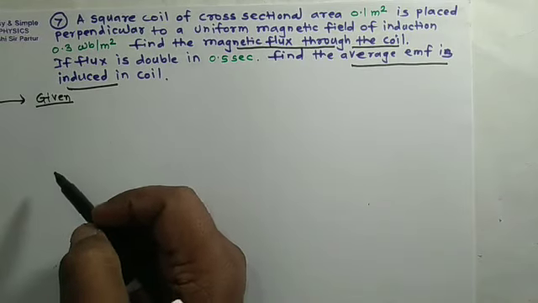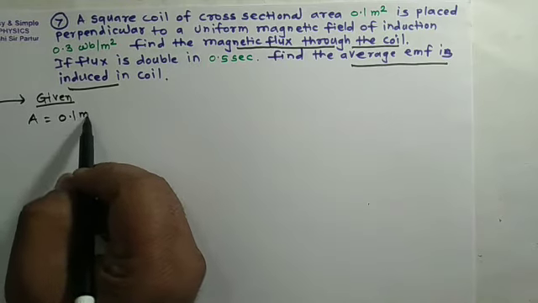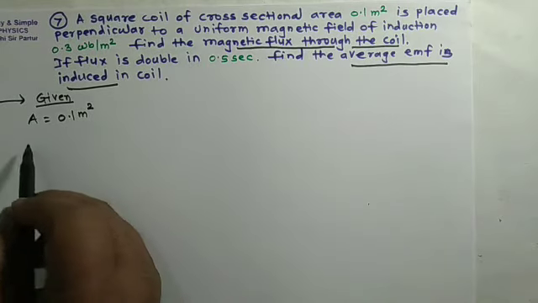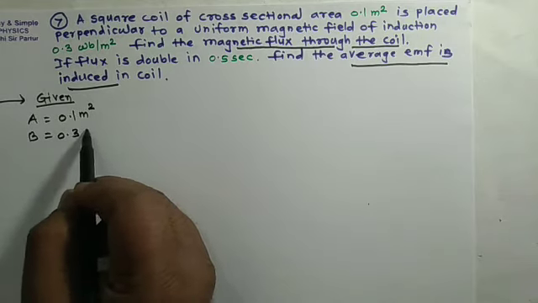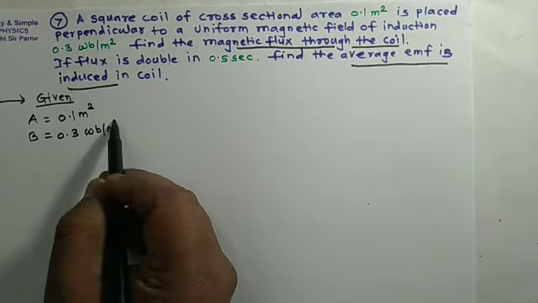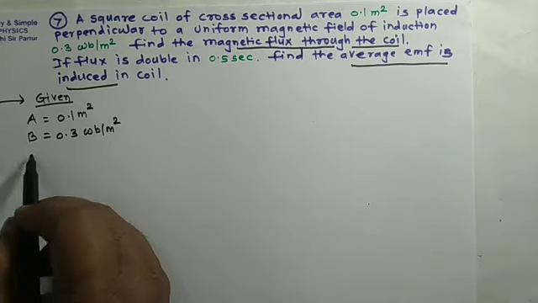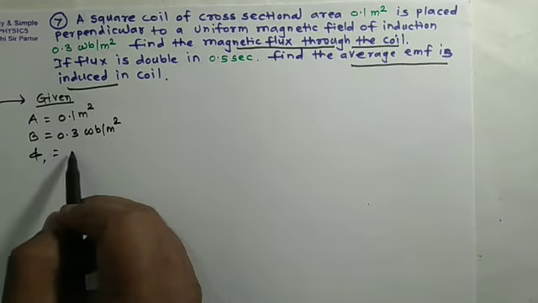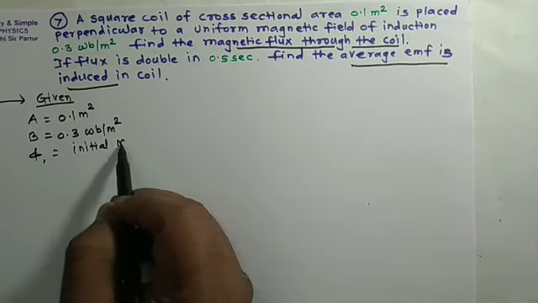Number 1, area is given, that is 0.1 meter square. Magnetic field induction is given, that is 0.3 Weber per meter square. Again, we can find out the magnetic flux. Phi1 will be the initial magnetic flux.